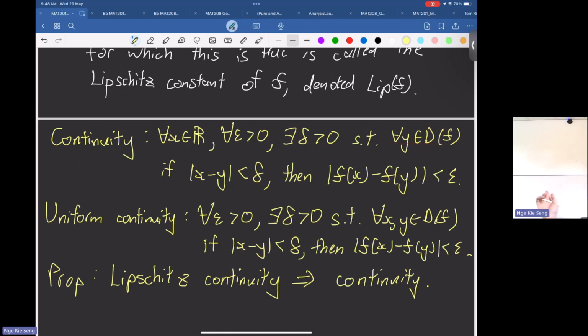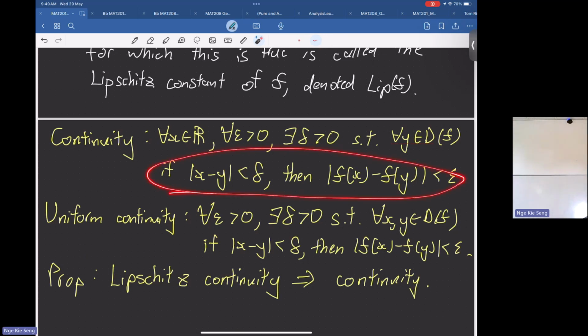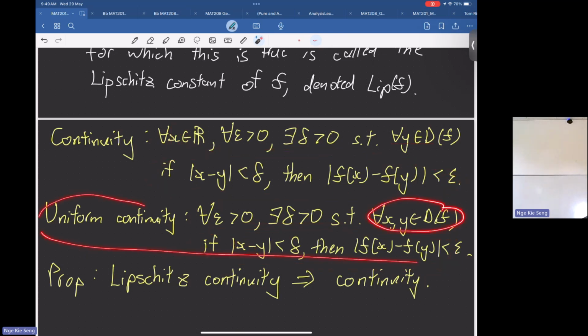So what's the difference between these two definitions? For the first one, I fix x first. For the second one, I didn't fix any x and y. Can you see the difference? But you see the last line here is the same. The problem here is with the x.